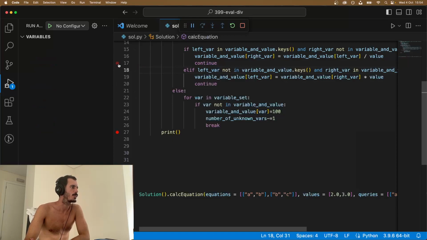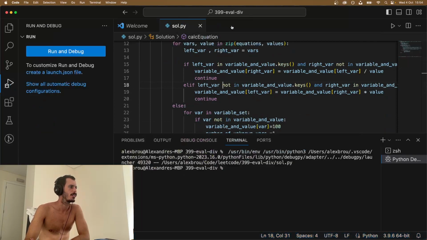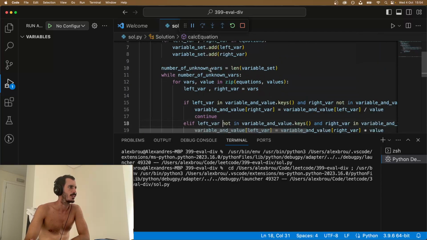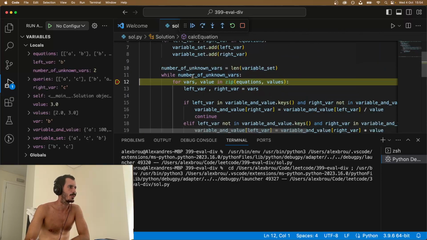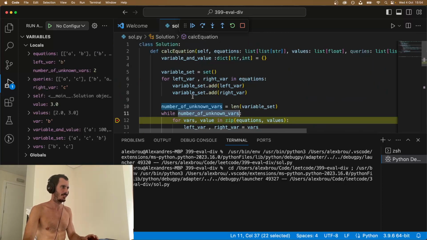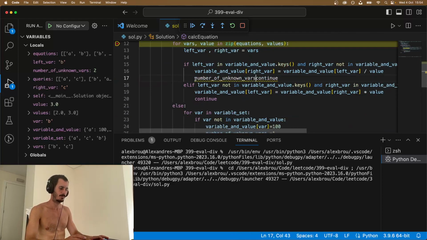Not sure why I didn't reach that print statement, but let me check again. Because this is going on forever. And I need to decrease the size here.